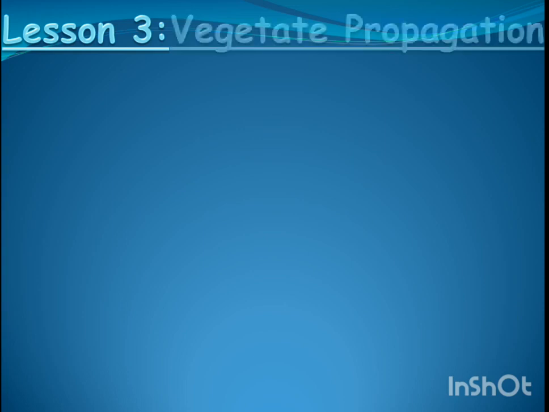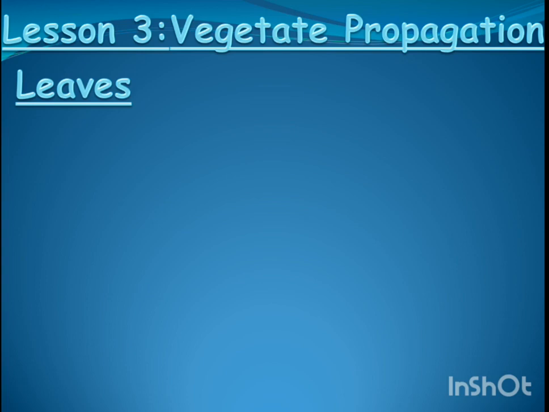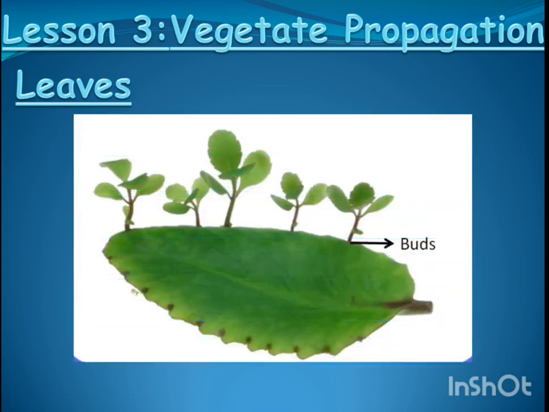Coming to your third lesson, which is vegetative propagation in leaves. In leaves there are two ways the vegetative propagation happens, how new plants can grow. One is the buds that grow on the edges of the leaves. Can you see how it is growing?